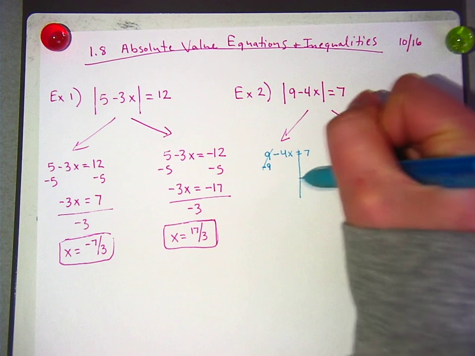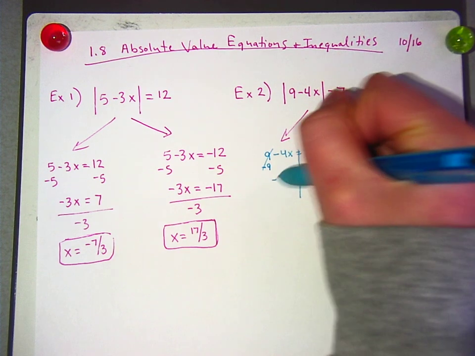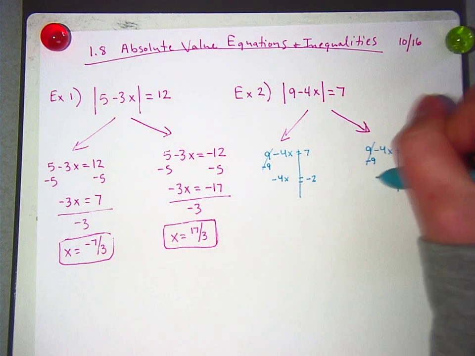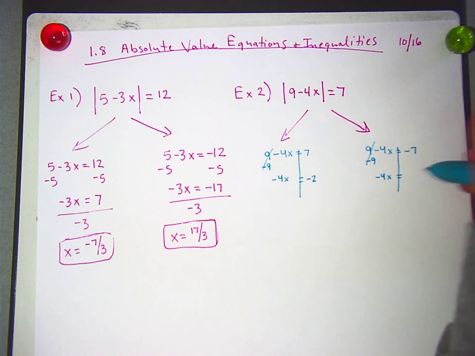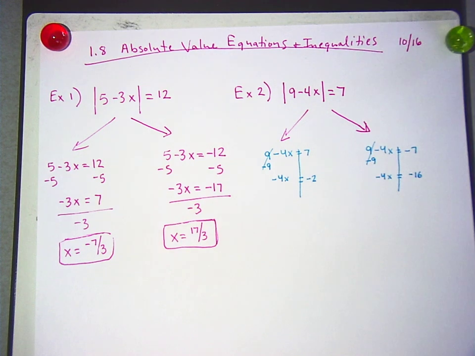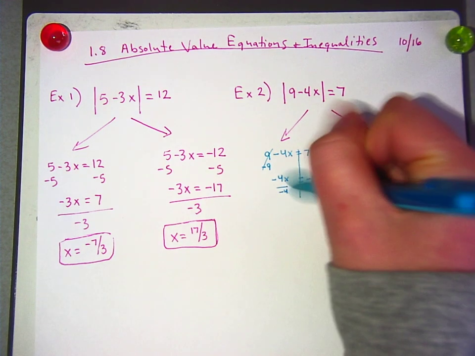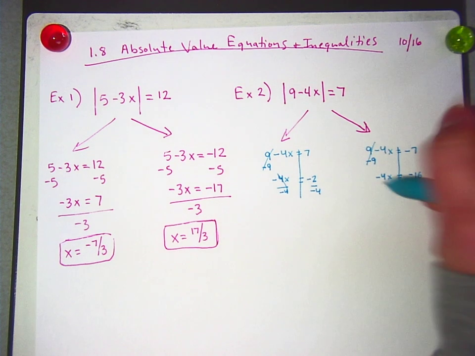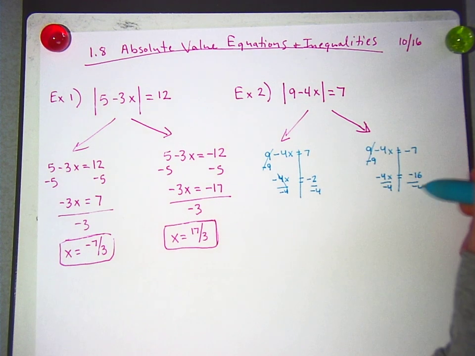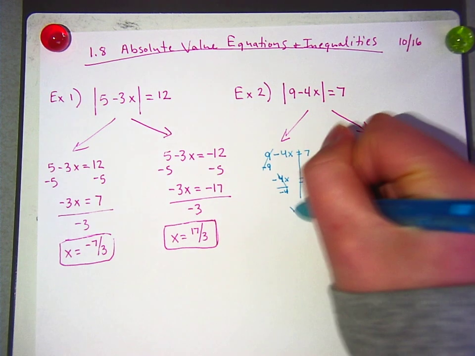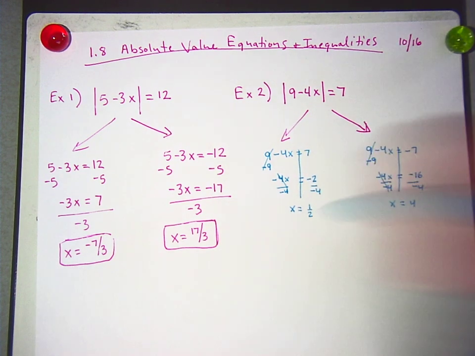And then it'll be minus 4x equals -2, and then minus 4x equals -16. And then you'll divide both of those sides by -4. And then the x simplifies to be 4, and the other one is 1/2. Gorgeous. Nice job.